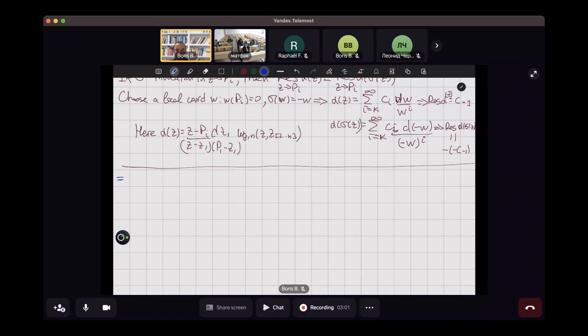So in our setting, this guy is holomorphic and this guy is holomorphic. Therefore they are killed by taking a residue.